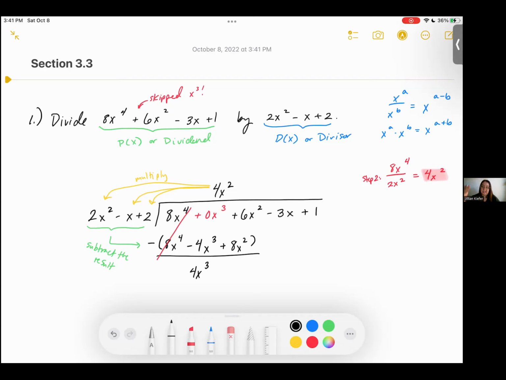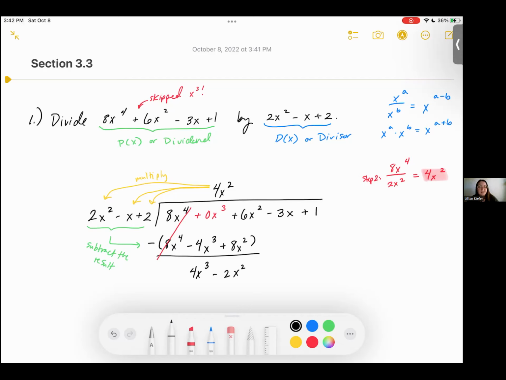All right, then the next term, 6x squared minus 8x squared. So since 8 was positive, we are just subtracting. So 6x squared minus 8x squared, 6 minus 8 is going to be a negative 2. And the x squared sticks along. So there we go.